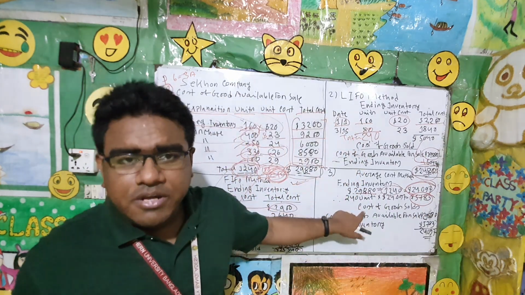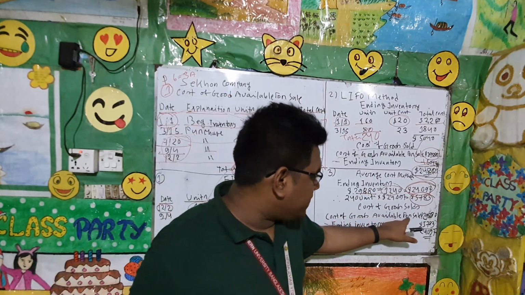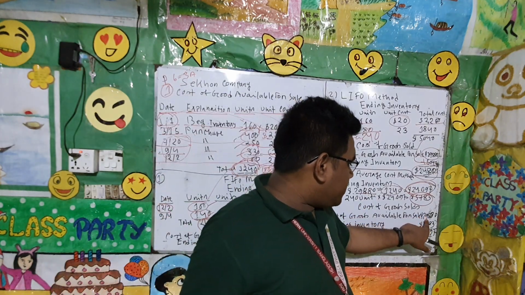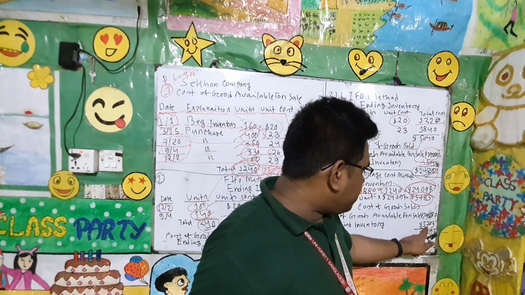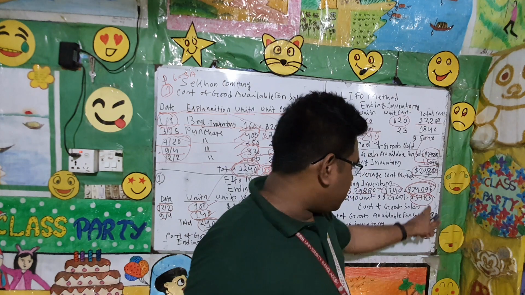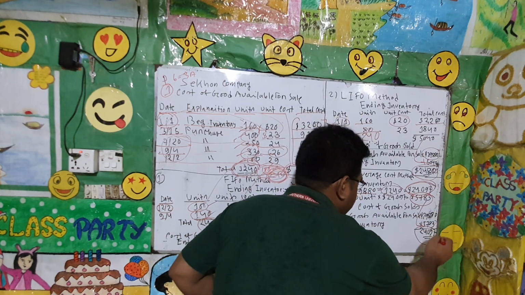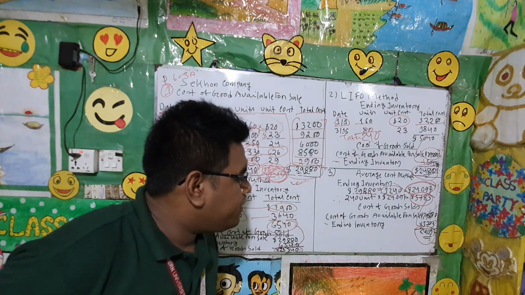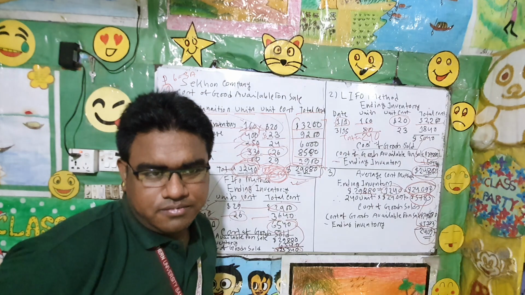So again the same thing, cost of goods sold. Cost of goods available for sale, $29,880 minus $5,783 taken from here, and you have got $24,097.